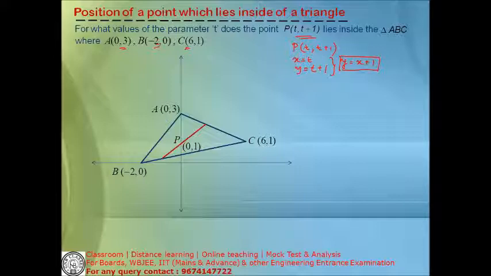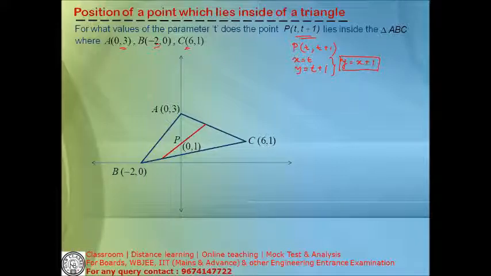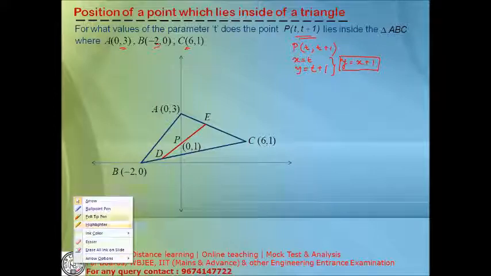Now we see that this straight line is intersecting the sides BC and AC at 2 points, let us say D and E. Now we are trying to find the abscissa of the point D and the abscissa of the point E. To get the abscissa of D, we have to solve the equations of BC and DE.